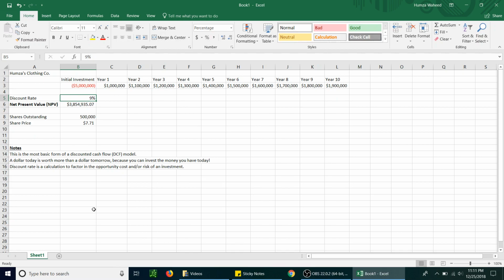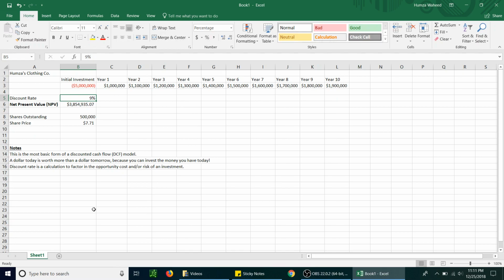So if you're using an opportunity cost perspective, you are assuming that 9% is what you would get somewhere else in the market. So if you're looking for a similar investment, let's say you're starting out with $5 million, like in this example, you're assuming that I can go somewhere else in the market or somewhere else even in the private markets and find a company or an investment that will give me a 9% return per year.